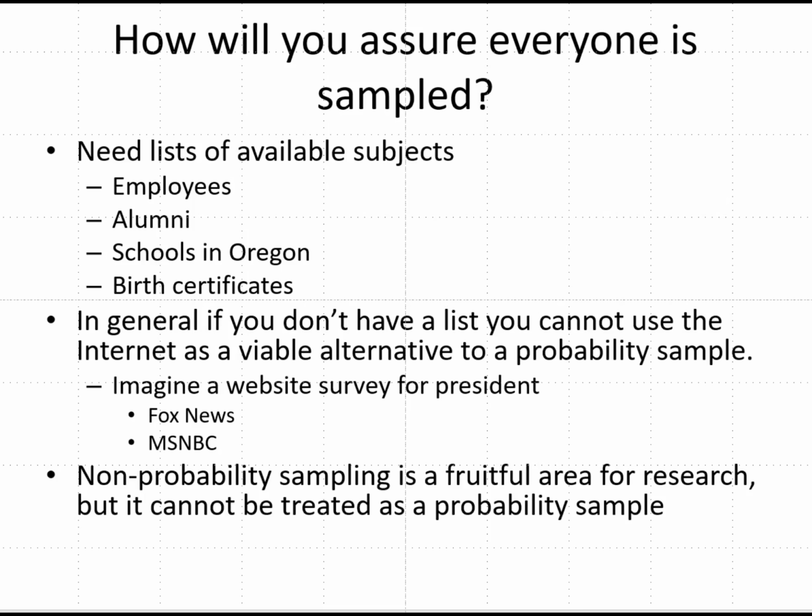So how will you assure everyone is sampled? You need a list of available subjects, respondents. If you're going to do a job satisfaction survey, you need to have a list of your employees and make sure every employee has an equal opportunity to be part of the survey. If you're going to do alumni, there you run into problems because addresses are not kept up.